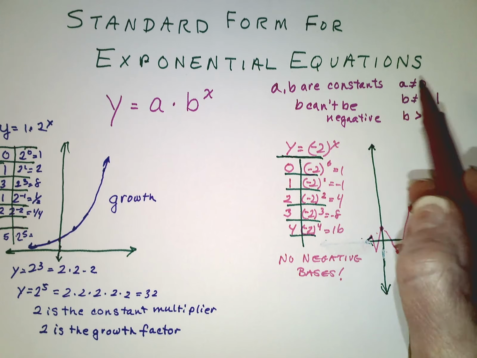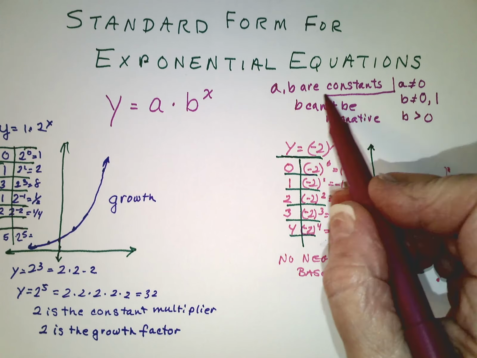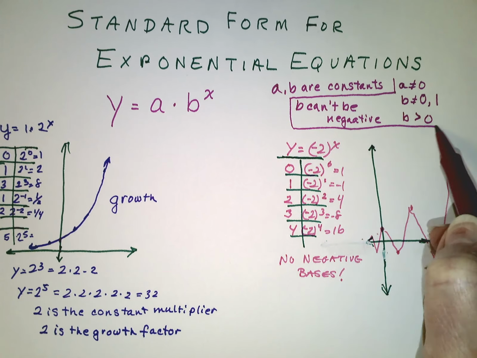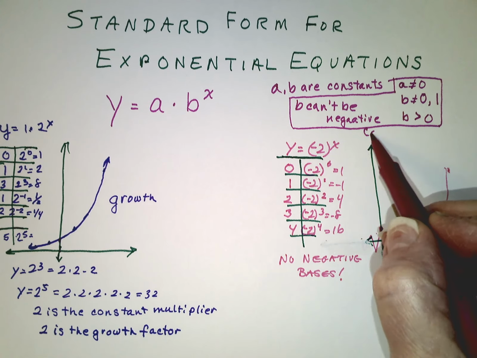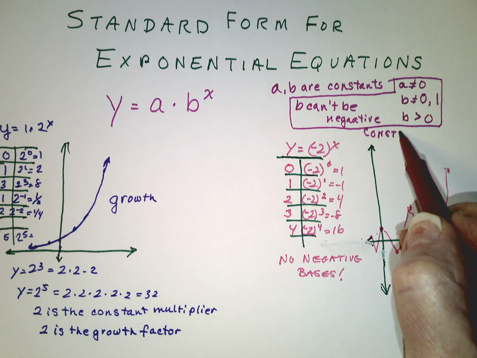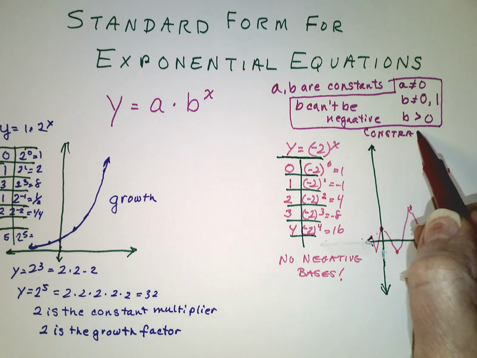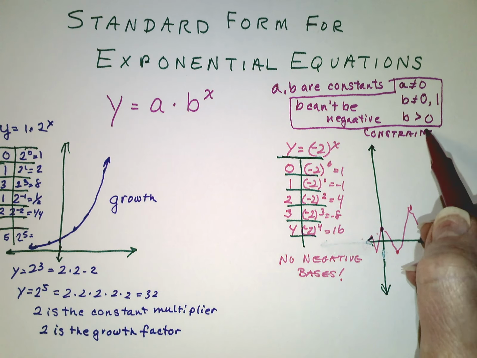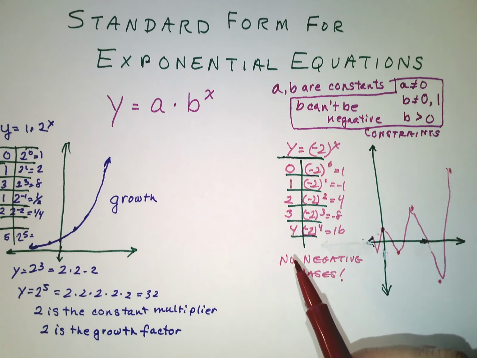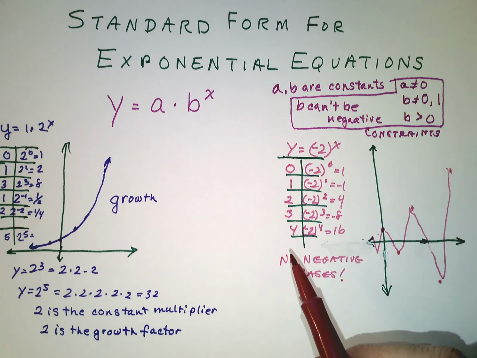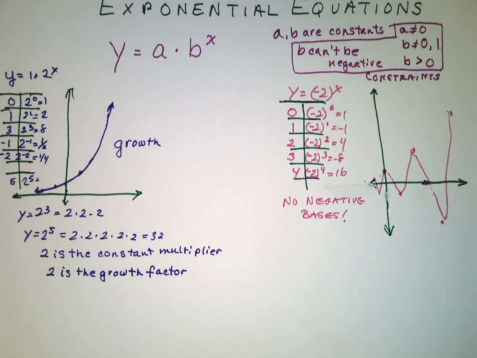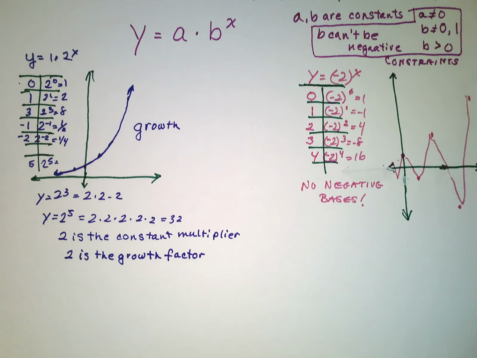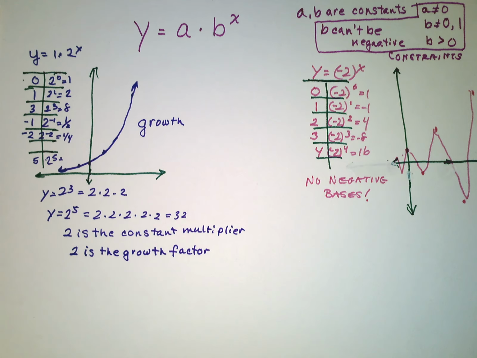We have these restrictions right here. These are sometimes called constraints. Something is constrained, it's got limits on it, boundaries. Just don't try taking a negative base for our exponential function here.